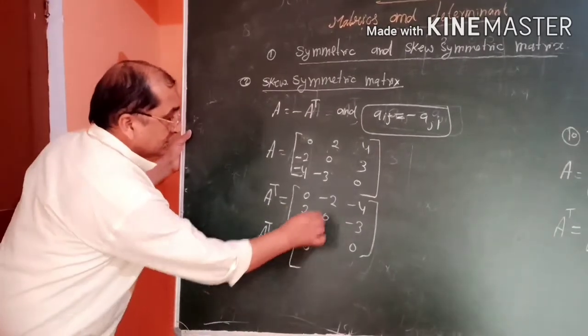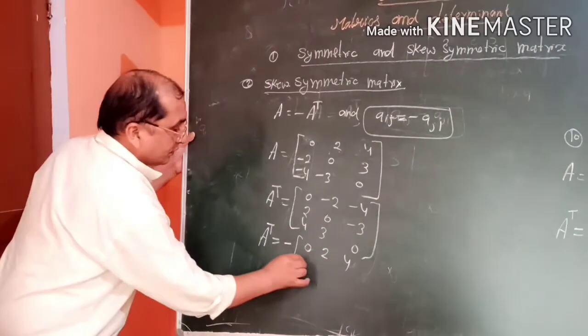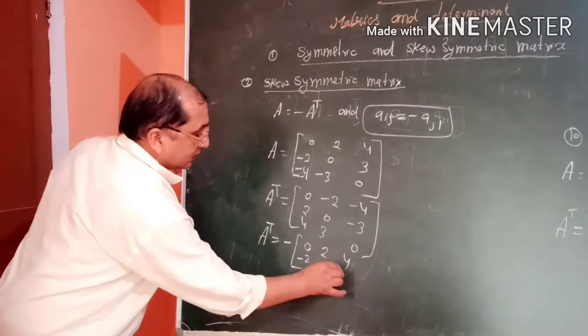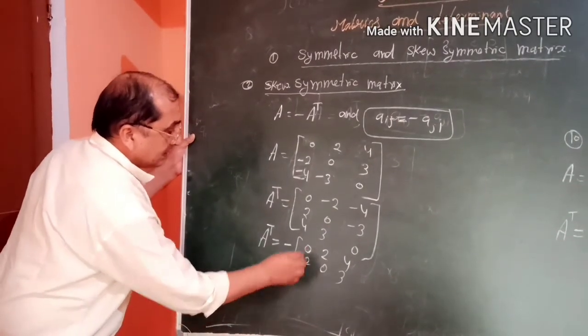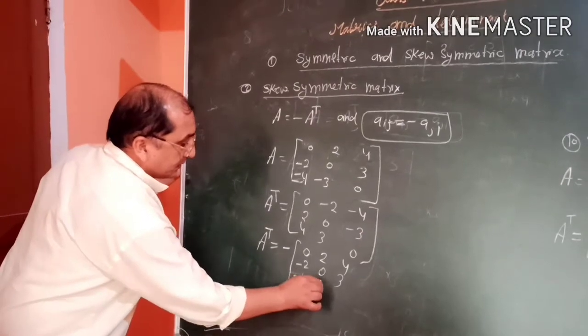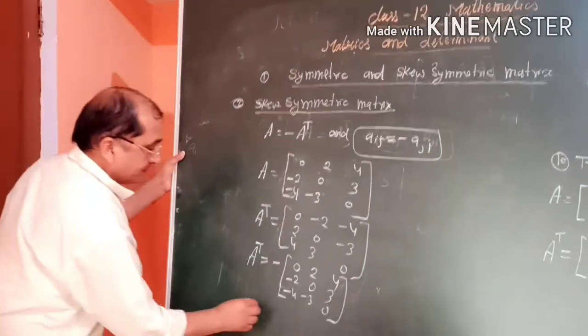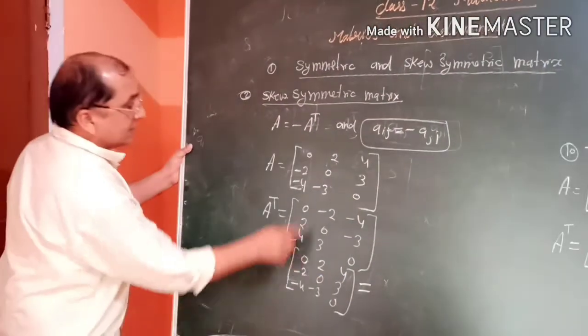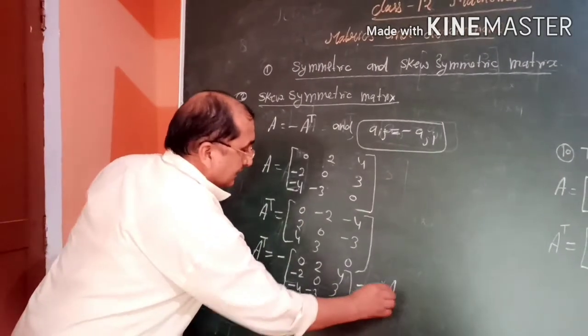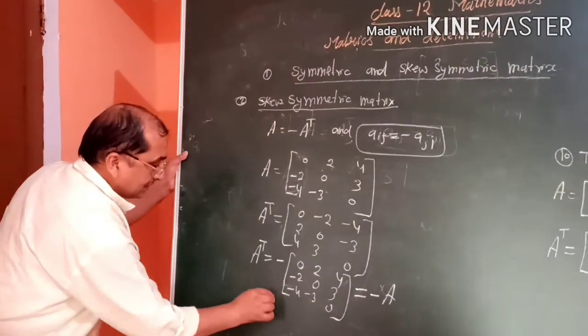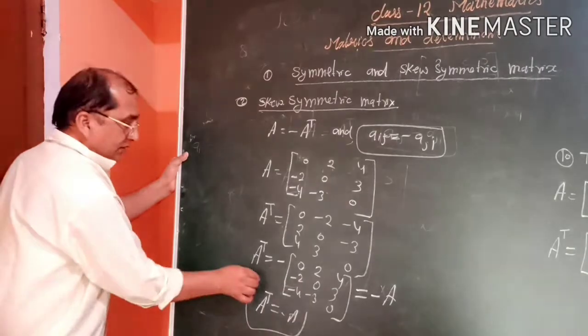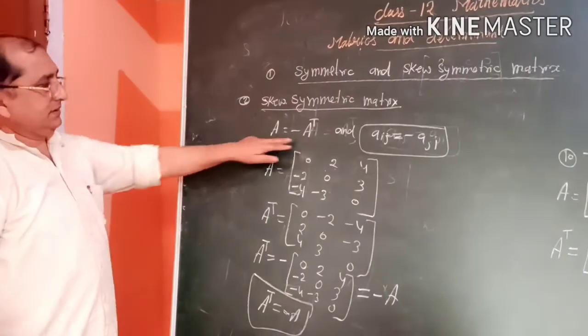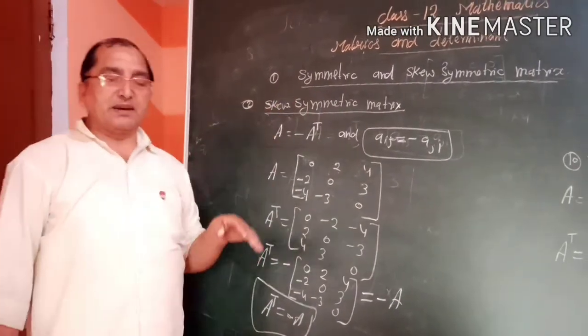Now see, 0, 2, 4, minus 2, 0, 3, and then minus 4, minus 3, 0 will come, and this is also the matrix A. So AT equals minus A, or A equals minus AT. This is the property of a skew-symmetric matrix.